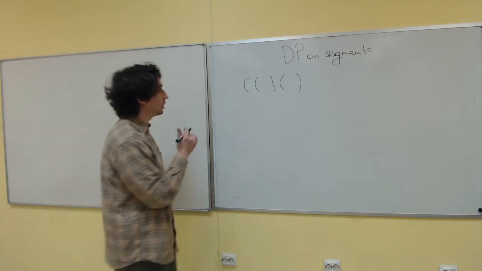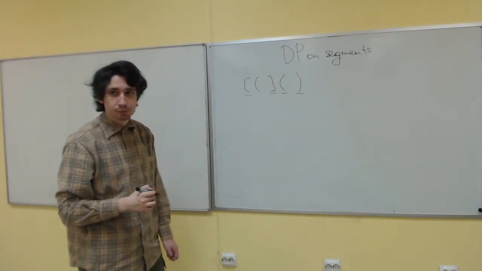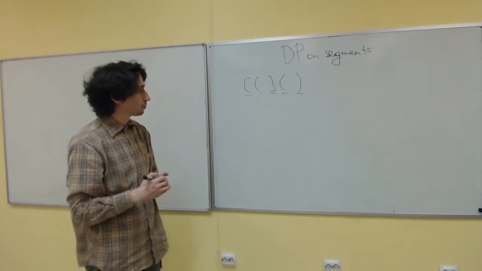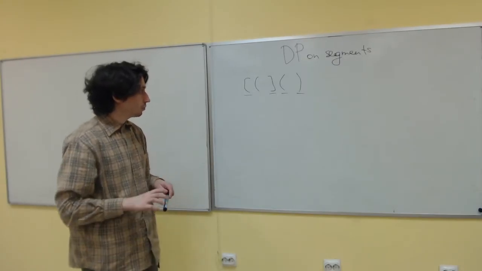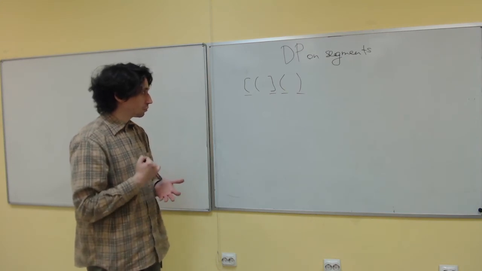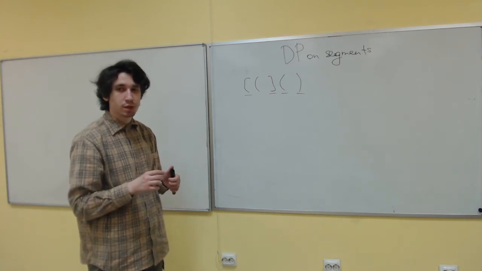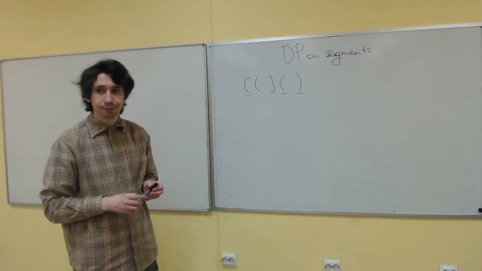So for example, here the longest correct subsequence will be 4. So we want to calculate the longest correct subsequence of the given line.